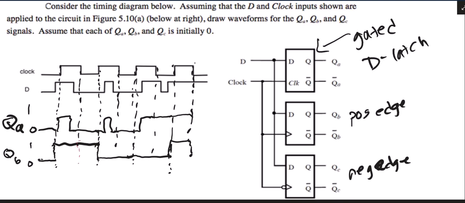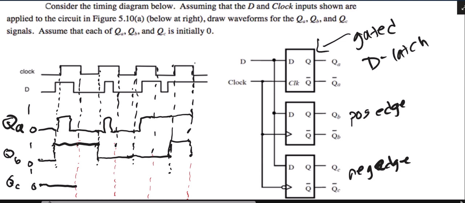And then for the negative edge triggers, I'm going to extend down the negative edge of the clock. Okay, so it starts at 0. It's going to stay 0 until it gets to the negative edge.